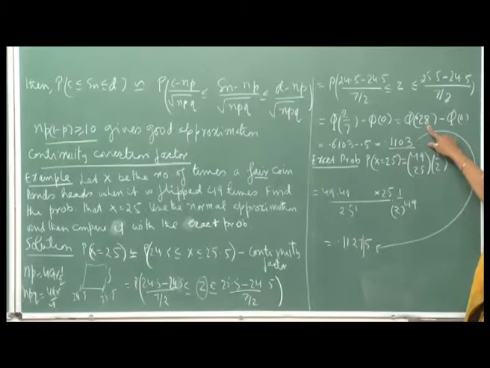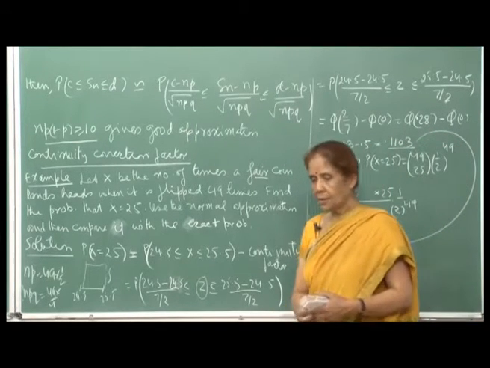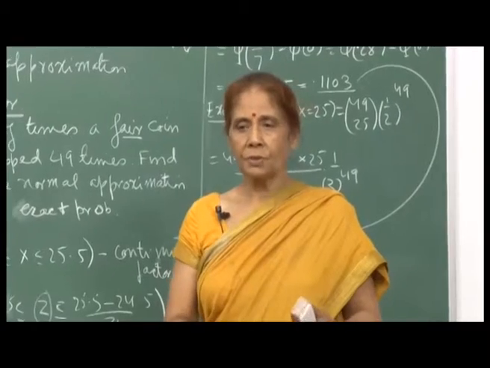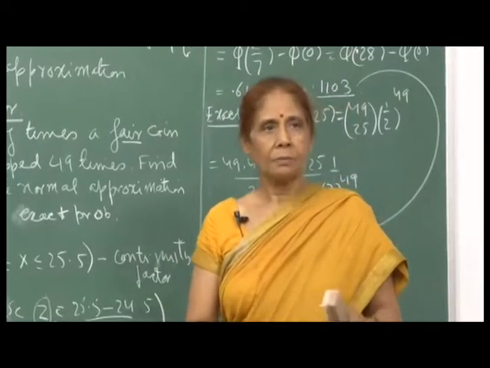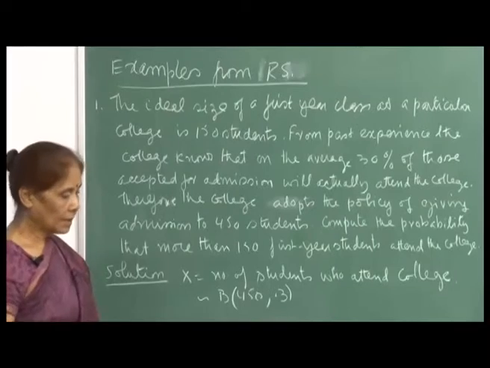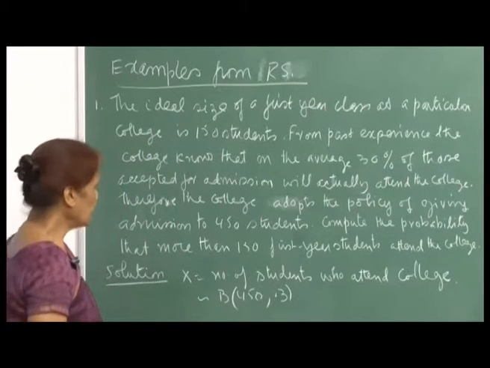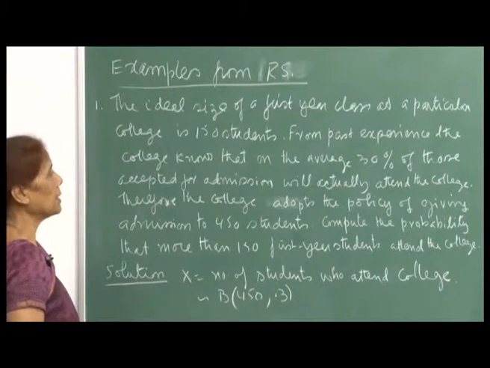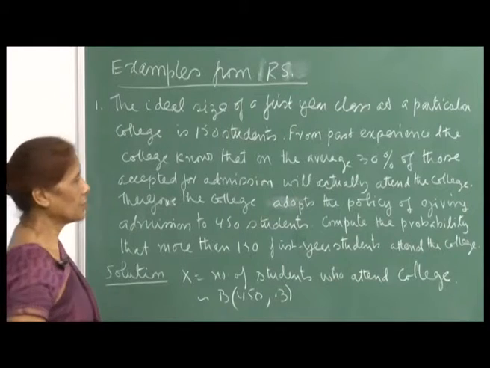And so, this is what I am trying to say, that as we go on, you will see numerous applications and uses of this concept of normal distribution and its computations. So, I will continue with the examples of normal approximation of binomial probabilities, and these are two good examples from the book by Sheldon Ross.